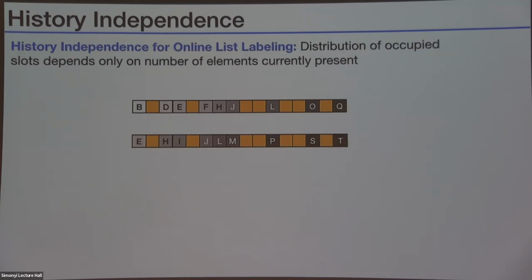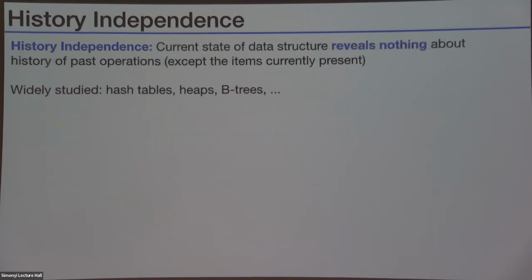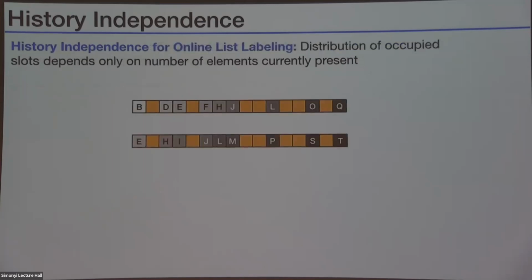Is that going to be with high probability, or is that the definition of history independence, if it's a randomized algorithm? Oh, right. Yes. Let me say the definition for list labeling, and then I think this question will be clear.